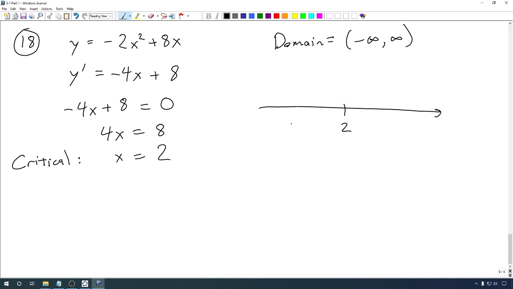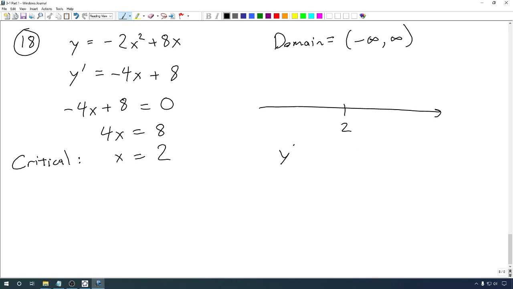We're going to take test points in those two intervals. So from negative infinity to 2, I can pick any number that I want. I should get the same result of being positive or negative for any point in that interval. So pick the one that's the easiest. What would be a good number to pick between negative infinity and 2? Well, I might as well pick something like 0. 0 is always a good number to pick, as long as it's not one of our critical numbers.